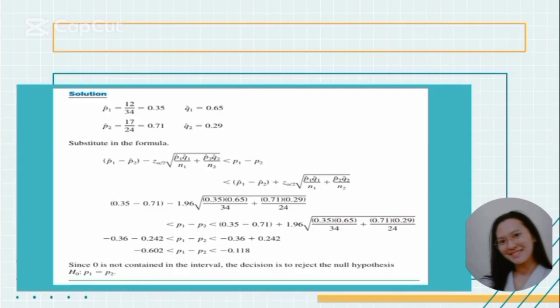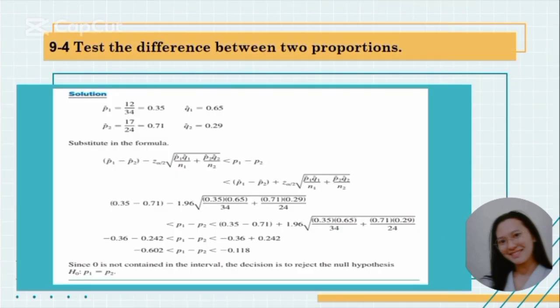Solution. P hat sub 1 is equal to 0.35. P hat sub 2 equals 0.71. Q hat sub 1 is equal to 0.65 and Q hat sub 2 is equal to 0.29. Substitute in the formula.